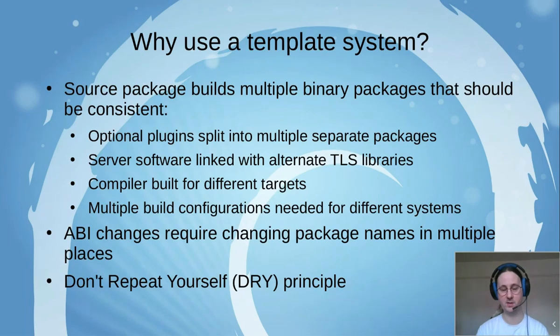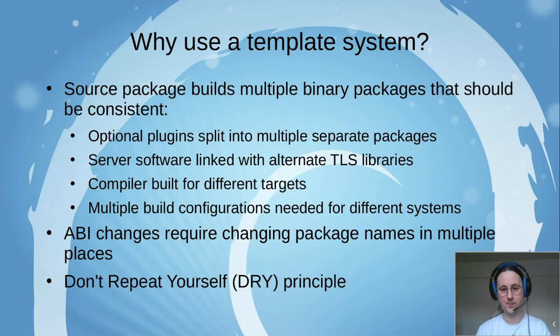You might be building server software that for some reason you want to offer linked with either OpenSSL or GNU-TLS. Again, apart from that shared library link dependency, they're going to be pretty much identical binary packages. You might be packaging a compiler, and you want to build a native compiler, but also cross compilers for different targets. Again, the binary packages should look very similar.